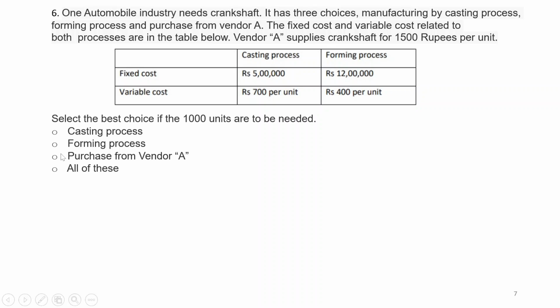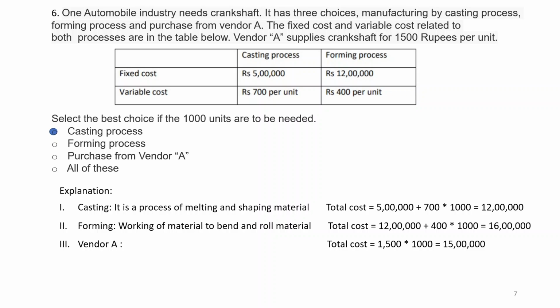In case of casting, you have fixed cost as 5 lakhs, variable cost is 700 per unit. In case of forming process, you have 12 lakh as fixed cost and variable cost is 400 per unit. You have to select the choice if you have to make 1000 units, and your options are casting process, forming process, purchase from vendor A, or all of these.